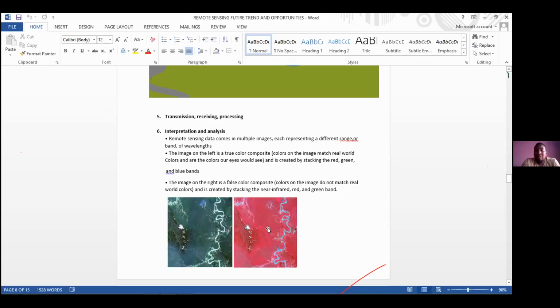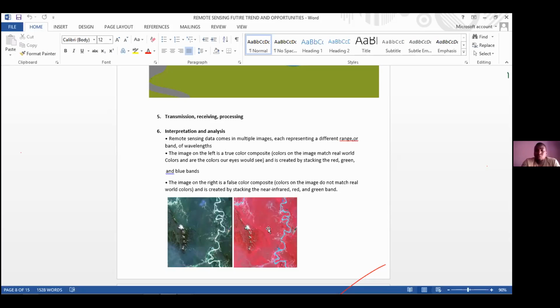For those who know about that, for the true color composite we have the red band, the green band, and the blue band, the RGB. But I will also show you through the practical in the next session, so that you can understand what I mean by that.